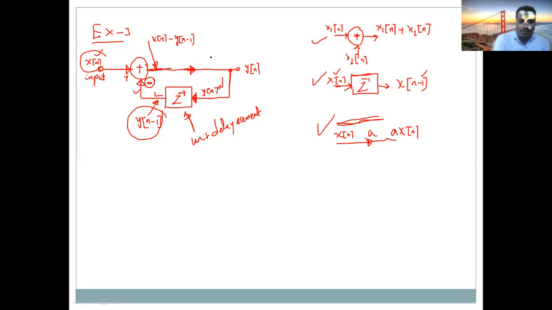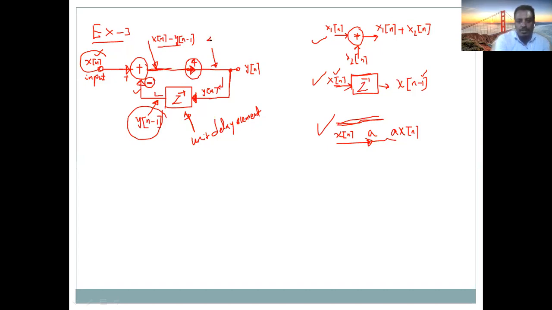So look here. What is the signal at this point? Here we have a multiplier which multiplies by 4. This element is a multiplier. So what is the signal at this point? The incoming signal, which is the output of this summer, is multiplied by 4.